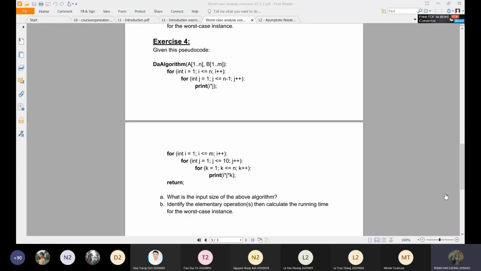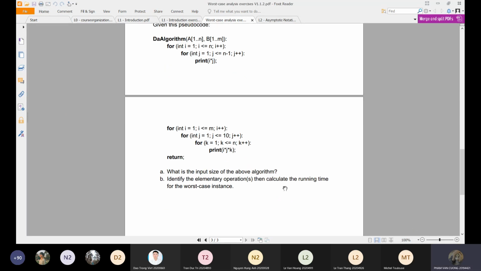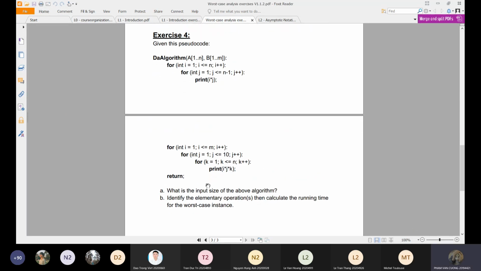And I see Diego Vũ Tuấn Minh here. He gave us the correct answer for question B. Okay. Do you all understand exercise 4 here? Do you want me to explain that?